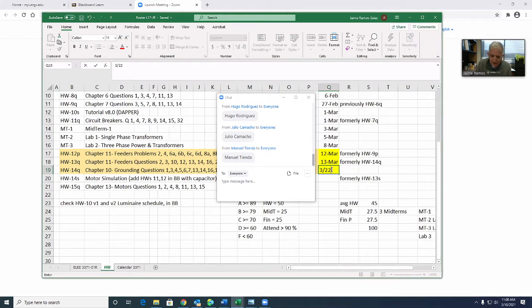So I put it for Monday the 22nd, right after we come back from spring break. I apologize, I intruded into your spring break, but since we lost one week, I feel I have an argument.